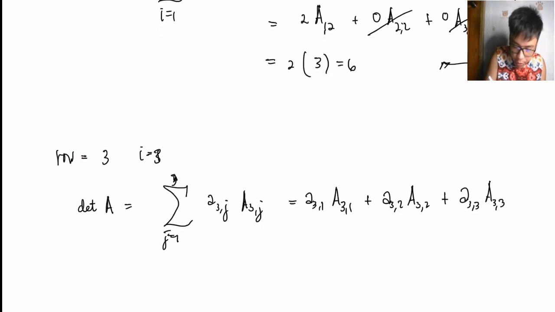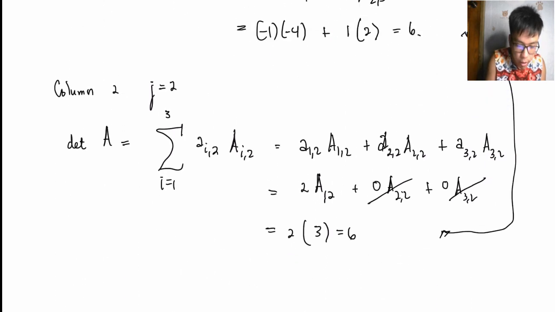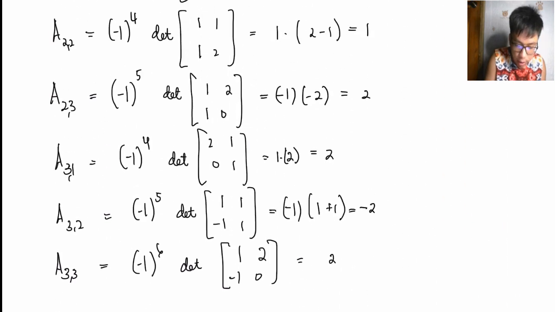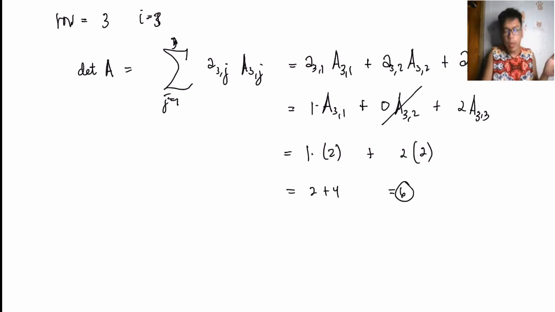So what's a31 here? a31 is 1, that's times C31, plus a32 is 0, so that's 0 times C32, and your a33 is 2, so that's times C33. So here, 1 times C31, what's C31? C31 is 2, plus 2 times C33, what's C33? C33 is 2. So I get 2 plus 4, and I have 6. So whatever you're doing, you are getting the right determinant. That's it.